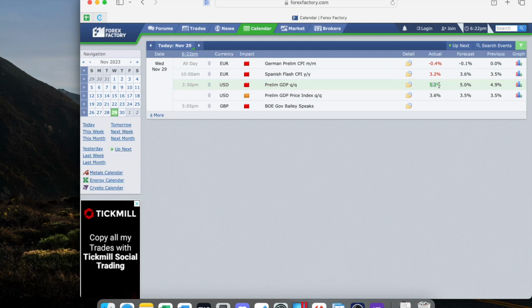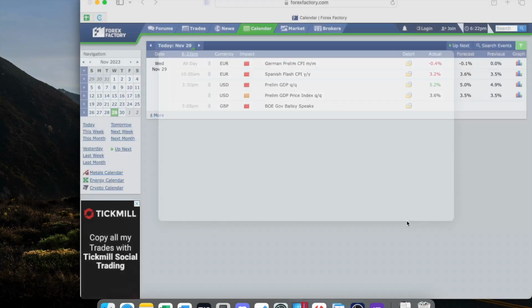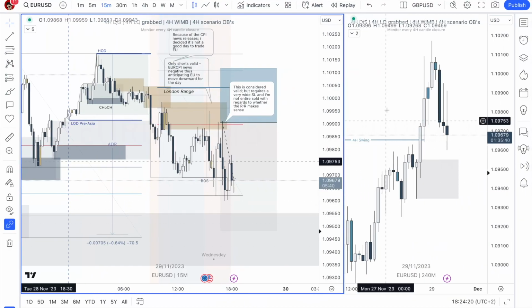More so Euro USD because you've got Euro news that was negative for the Euro and then US news that was positive for the USD, with both factors essentially compounding to suggest that the Euro should move to the downside. I'll jump into the chart starting with Euro USD.